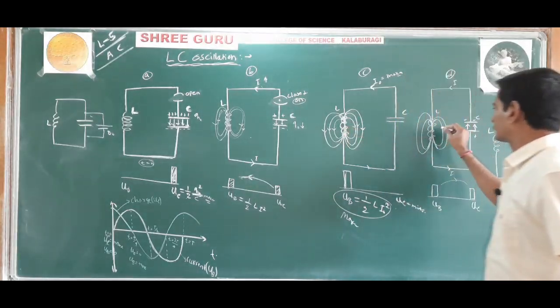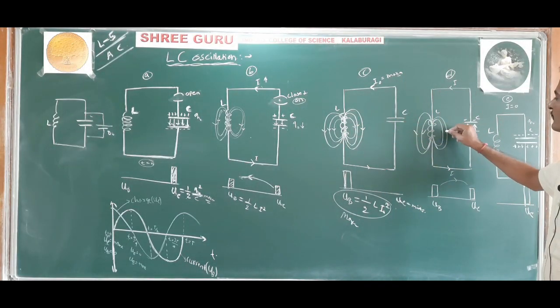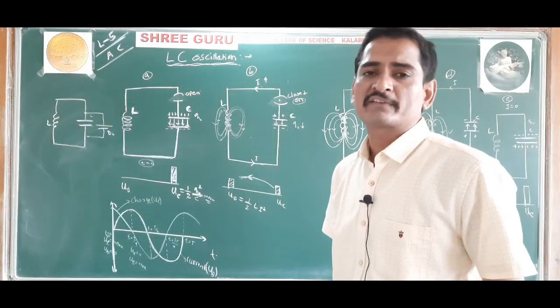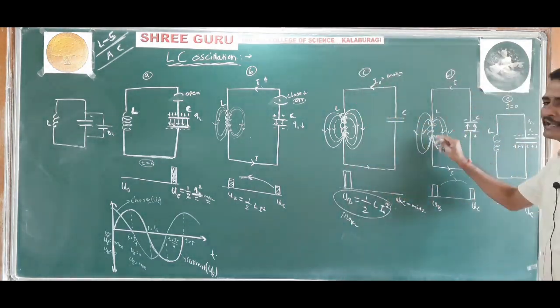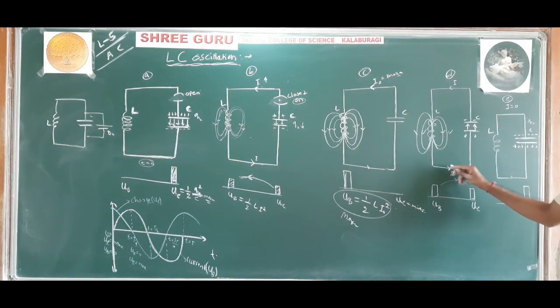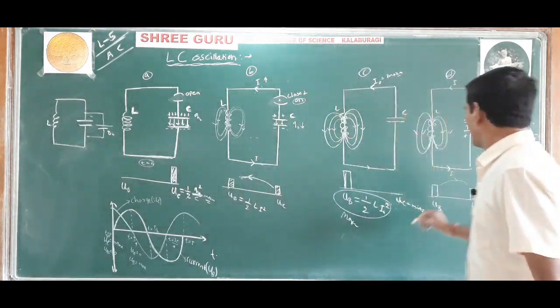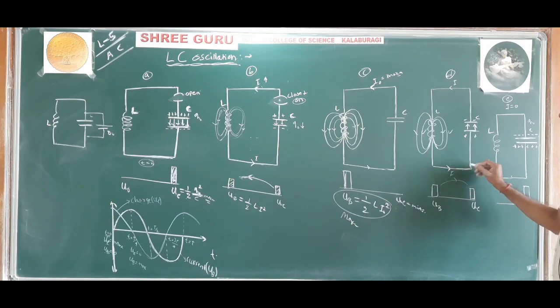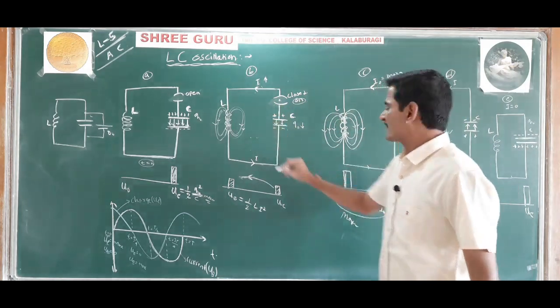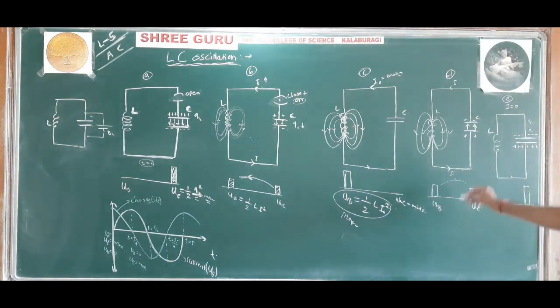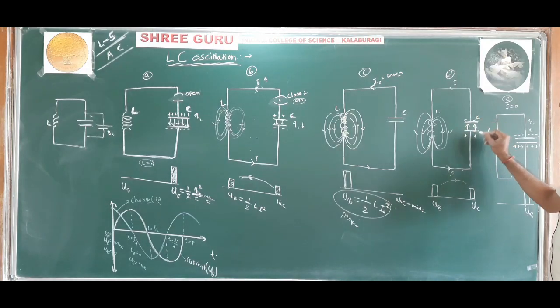After some time, the magnetic flux linked with the inductor starts to decrease. As a result, an electric current flows through the circuit in the same direction as in figure B. As a result, the capacitor once again gets recharged, but in the opposite direction.